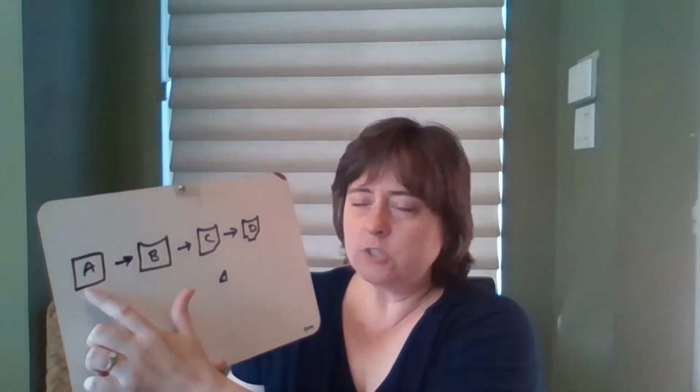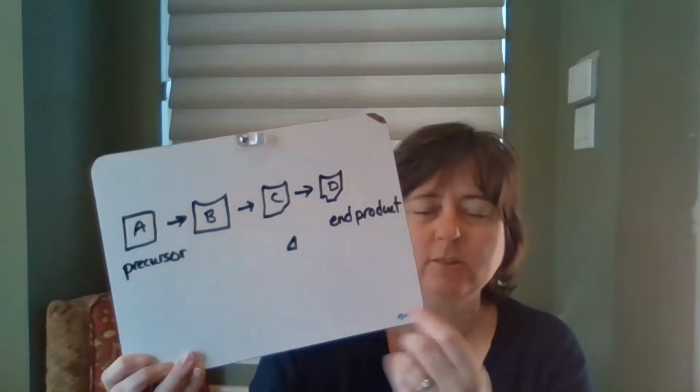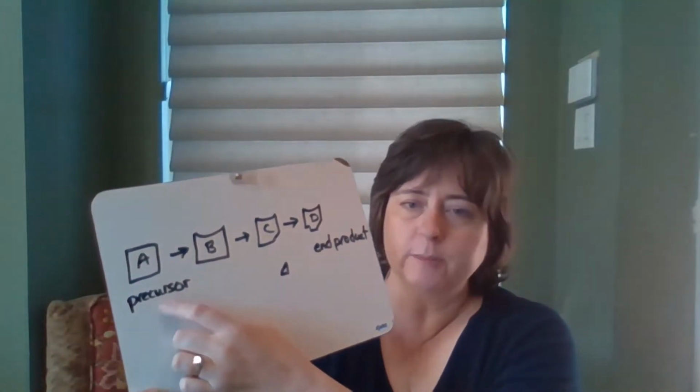So this starting molecule is going to be called a precursor. Any molecule you're starting at the beginning of the pathway is going to be called your precursor. What you are trying to end up with is going to be your end product. So you start with a precursor, whatever its proper name is.